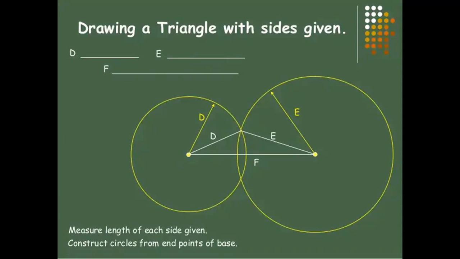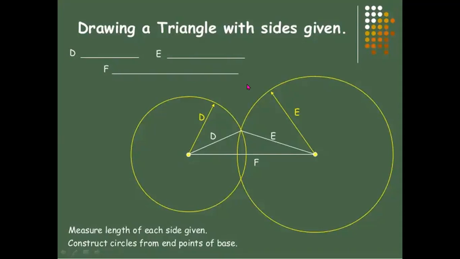So just like that one, drawing triangle DEF, given the length of each side. Remember, in a triangle, we need to use protractor and ruler. Who doesn't know how to draw triangles?